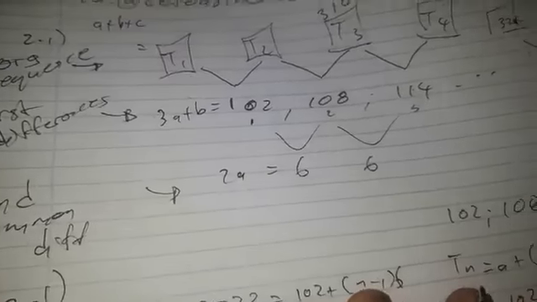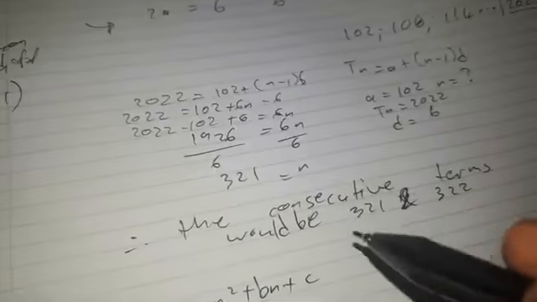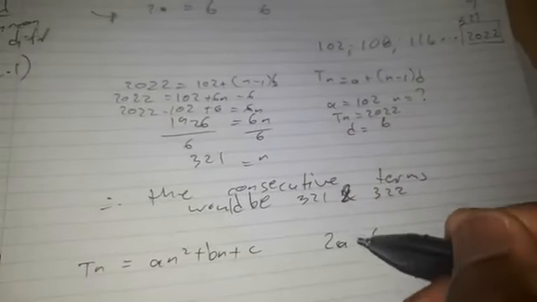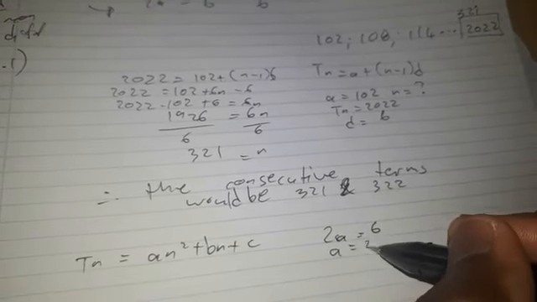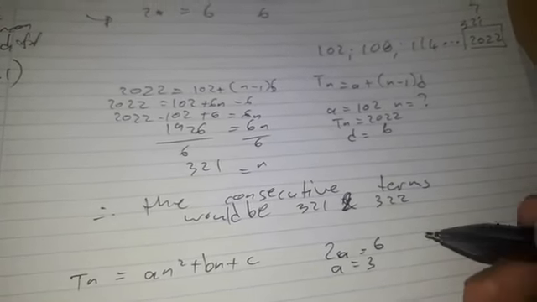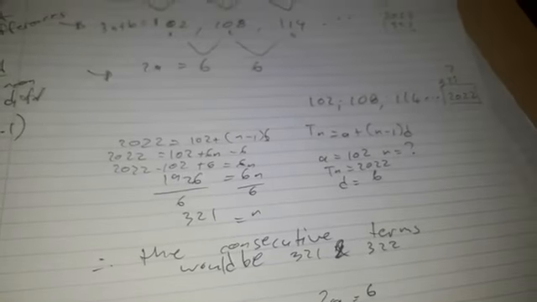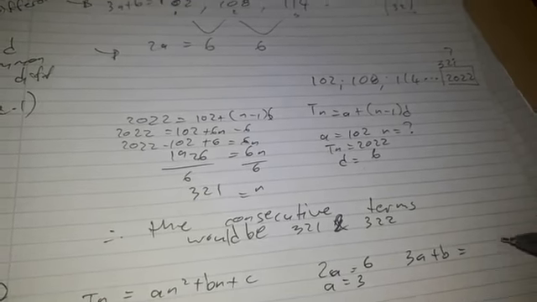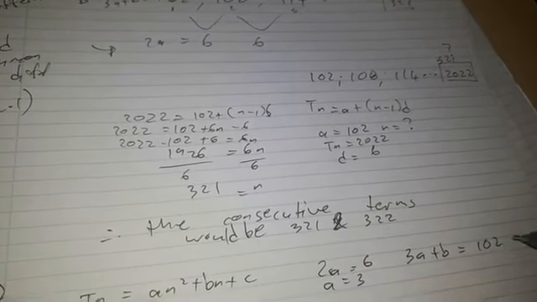So to take things nice and slow, let's start from the bottom. We know that 2a is equal to 6, so a is equal to 3 because you divide by 2 on both sides. And then for 3a plus b, we know it is equal to 102.